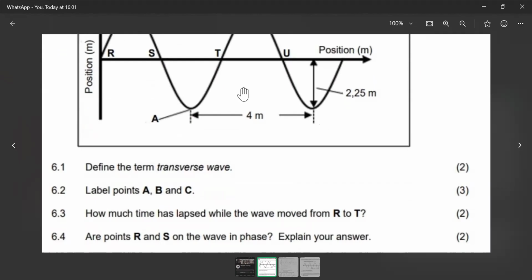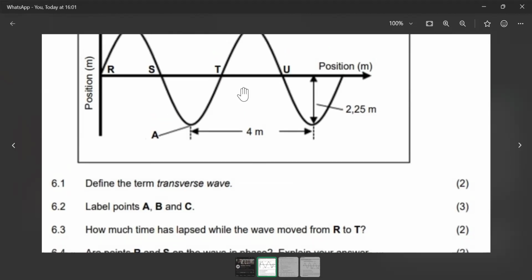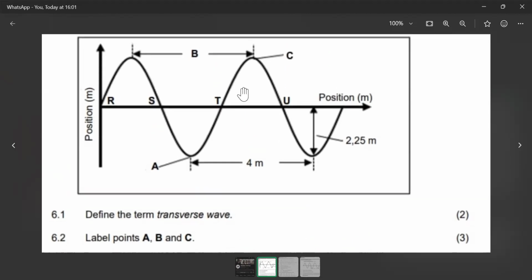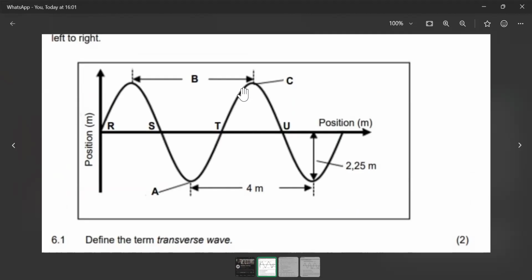The next one says, label the points A, B, C. In other words, tell us the names of the points A, B, and C. Well, if you look at point A, it's the lowest point on this wave, so it becomes a trough.